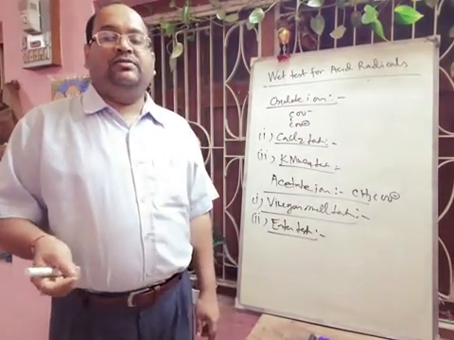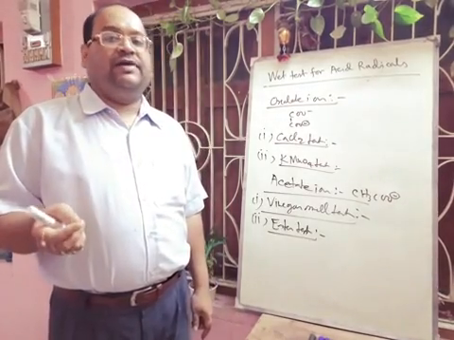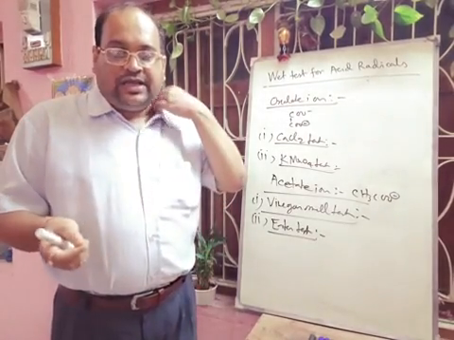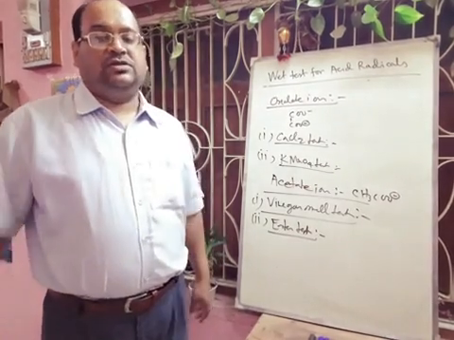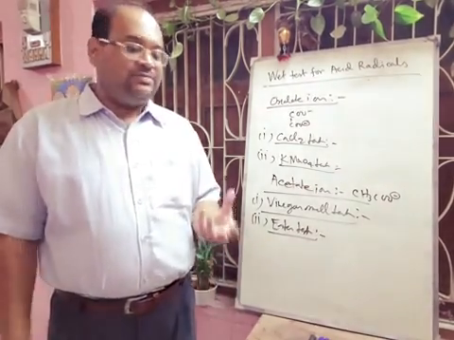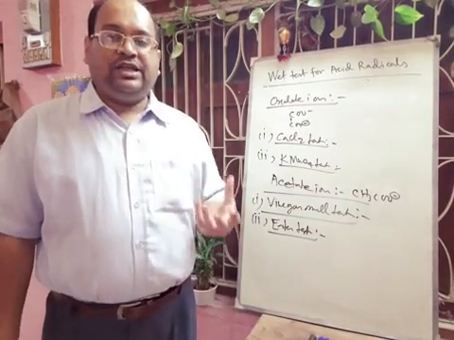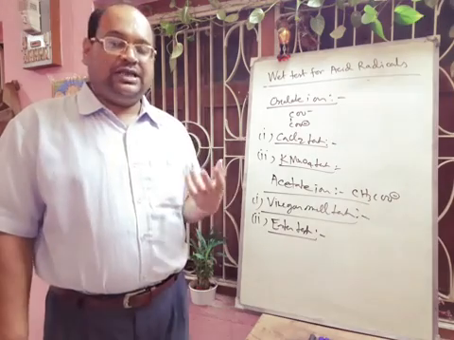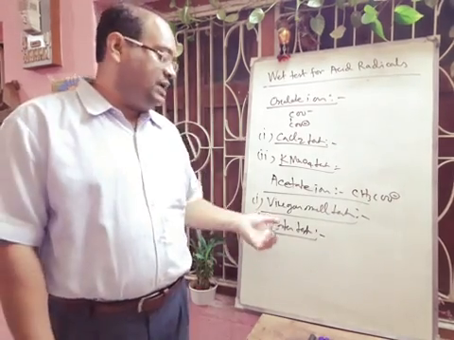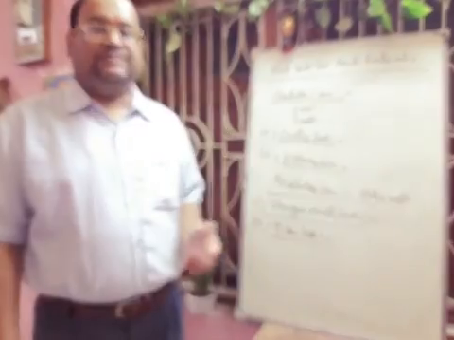We heat for around 10 minutes. Then we pour this mixture into a beaker containing sodium carbonate solution. If you take the smell, you will get a fruity smell due to the formation of ester. This is also called the esterification test. In this way also we can confirm that acetate ion is present.